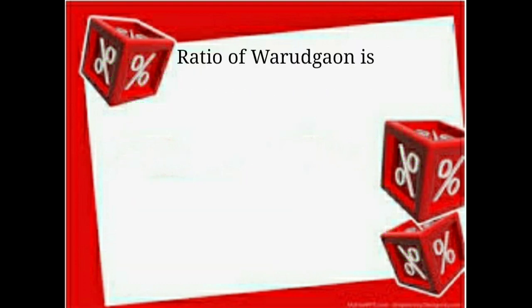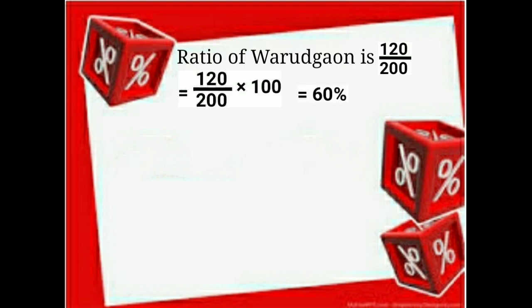So the ratio of the number of ponds completed to the number of ponds planned in Varud Gaon was 120 upon 200. On multiplying this ratio by 100, we get the answer 60, which means by the end of May, 60% work was completed in Varudgaon village.